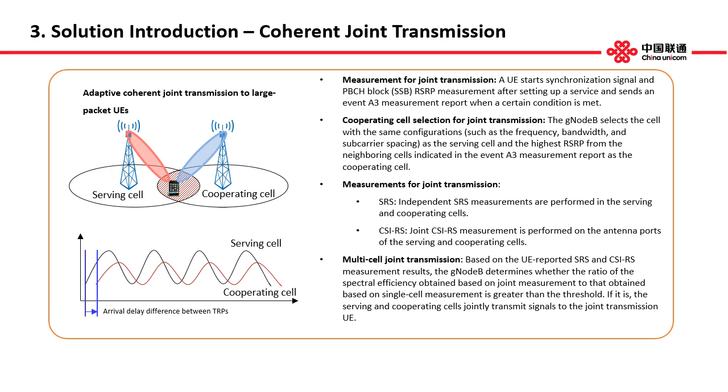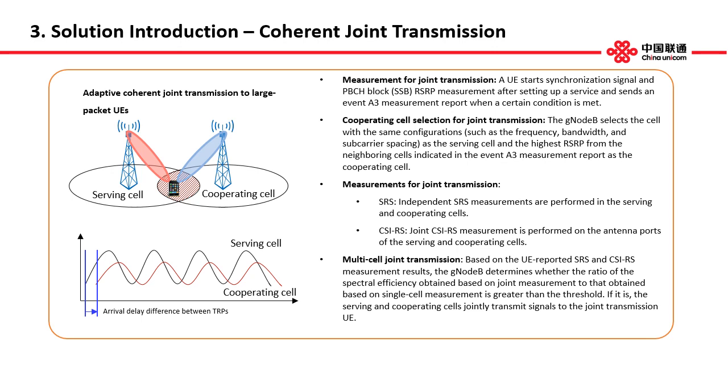There are two measurements for joint transmission. One is SRS. Independent SRS measurements are performed in the serving and cooperating cells. Another is CSI-RS. Joint CSI-RS measurement is performed on the antenna ports of the serving and cooperating cells.